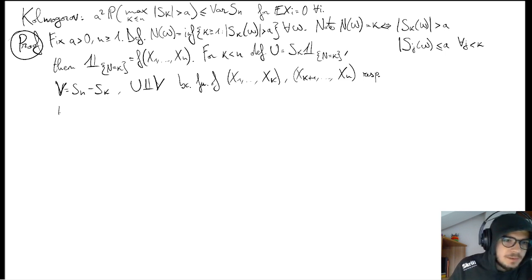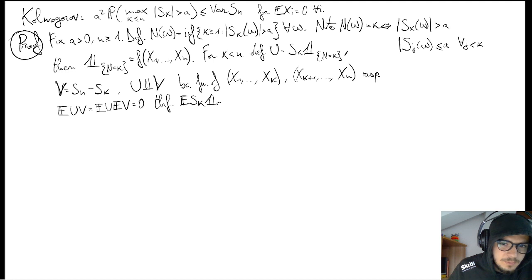And observe that the expectation of U times V, since they are independent, their covariance is 0, and therefore the expectation of Sk times the indicator when N equals k times Sn minus Sk is 0.